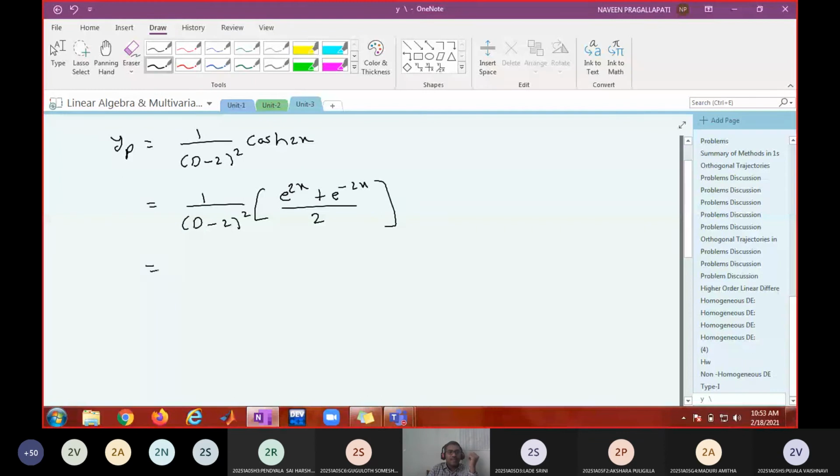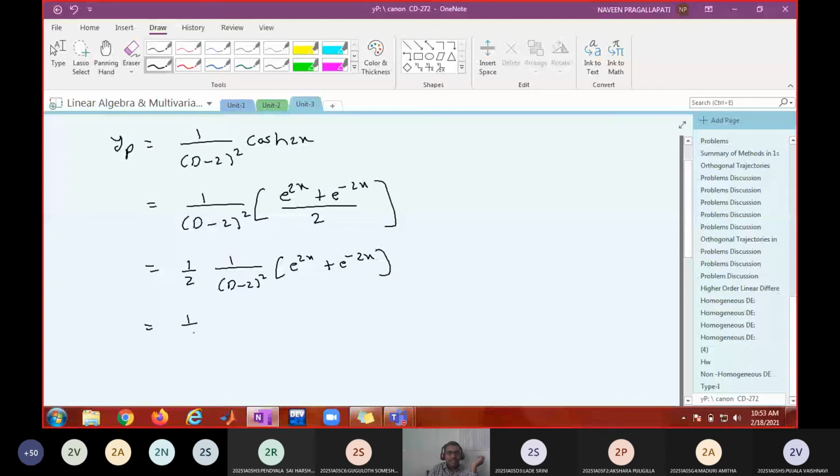So this is 1 by, okay, and this is also a linear operator. When f of d is a linear operator, its inverse is also a linear operator. So that means I can bring the constant outside. So this is 1 by 2 times 1 by (d minus 2) whole square of e power 2x plus e power minus 2x.